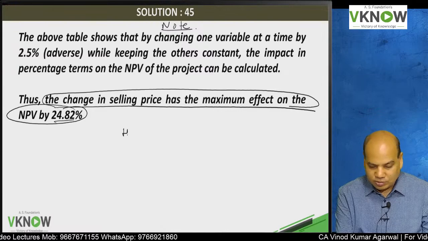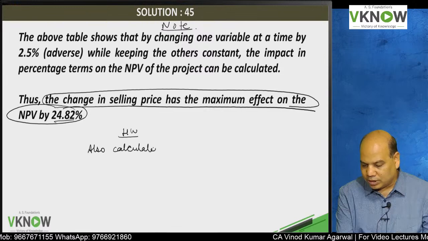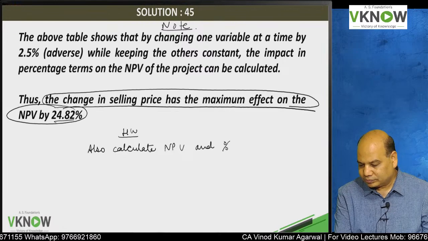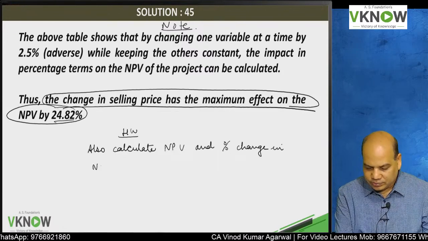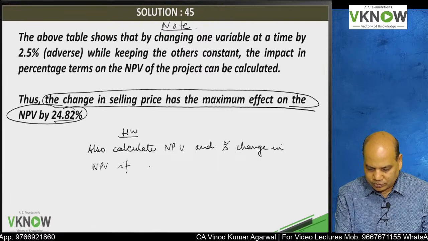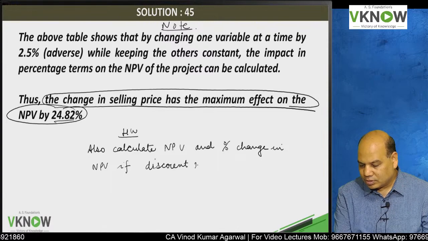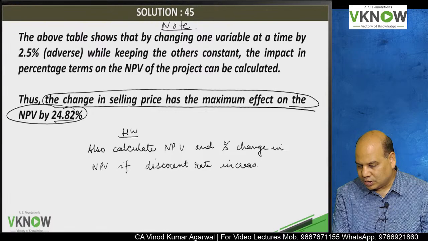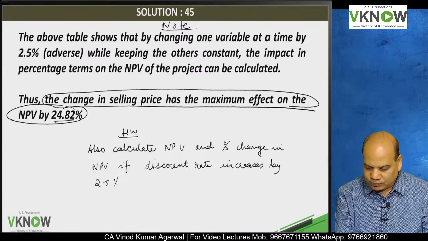One homework, write down below. Homework: also calculate NPV and percentage change in NPV, which they have not tested in the institute answer, if discount rate increases by 2.5%.